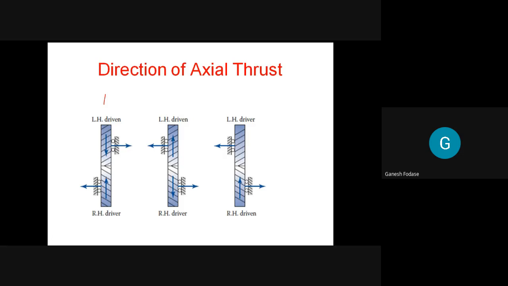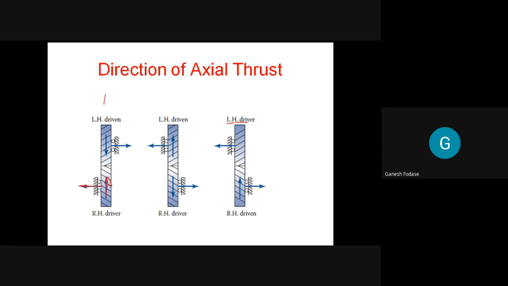So we have to curl our fingers in the direction of rotation. If I curl like that, then the thumb will give you the direction of axial thrust. It means you have to curl the fingers of your right hand if it is a right hand driver, and if left hand, then the left hand, in the direction of rotation.